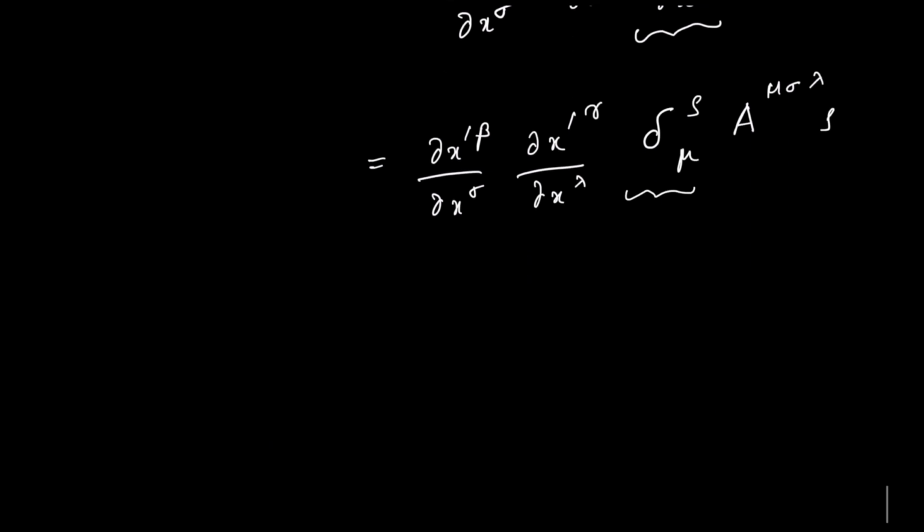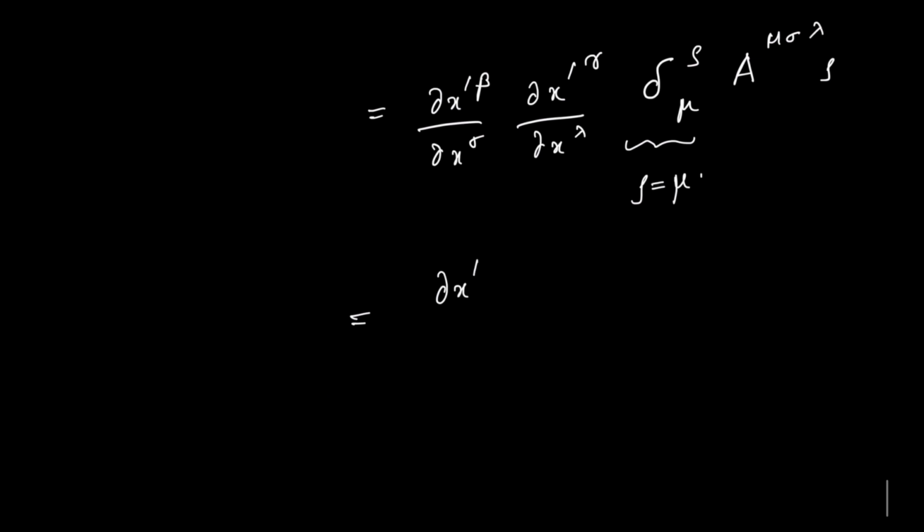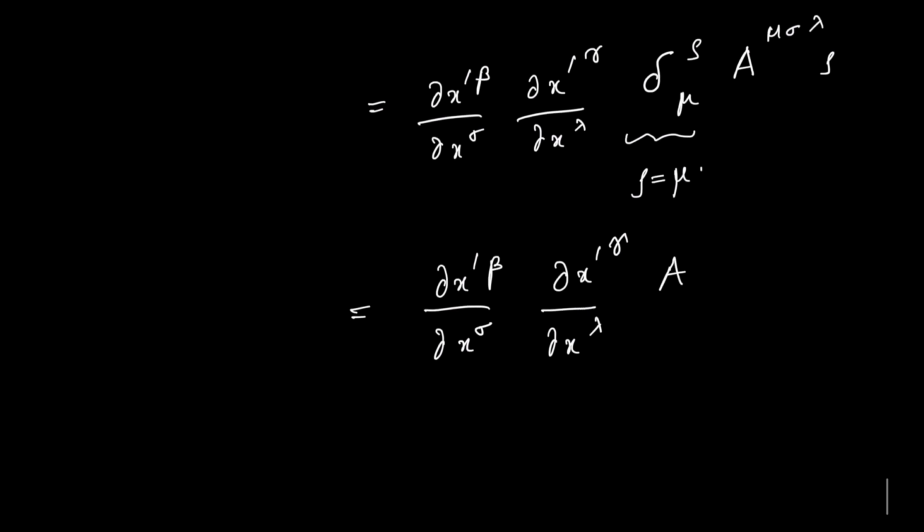So this will survive only if rho equals mu, otherwise it is 0. Therefore I have to put rho equal to mu. So I get x prime beta with respect to x sigma, x prime gamma with respect to x lambda and A mu sigma rho rho. So instead of lambda, I have substituted rho.